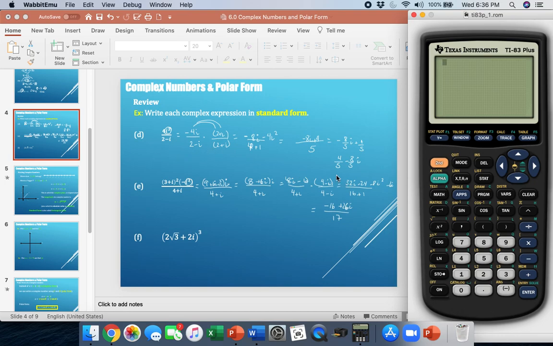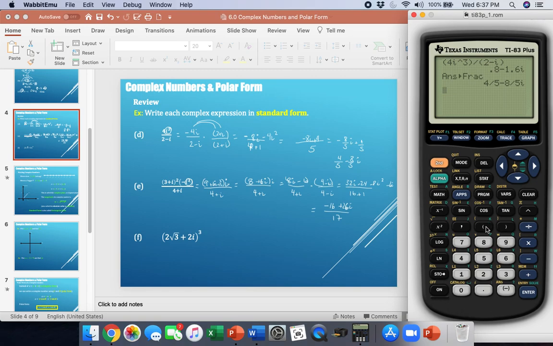So what do I get here when I've got 4i cubed divided by 2 minus i? Oh, 4/5 minus 8/5 i. What up now? Pretty cool, right?